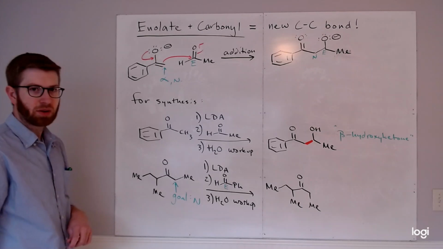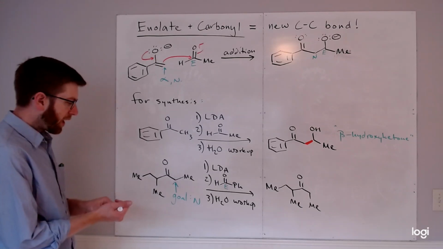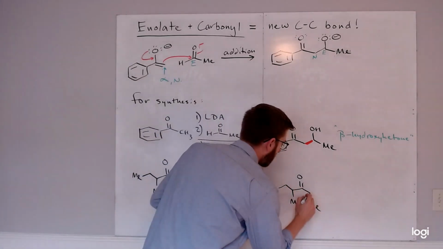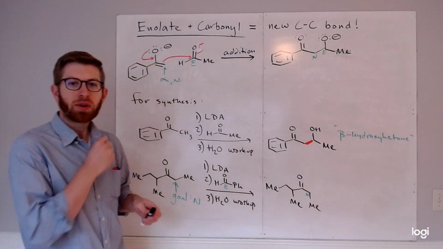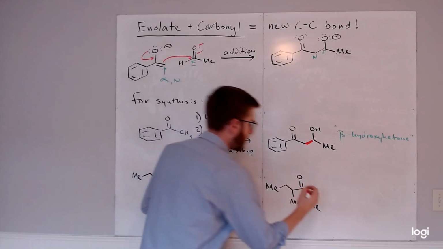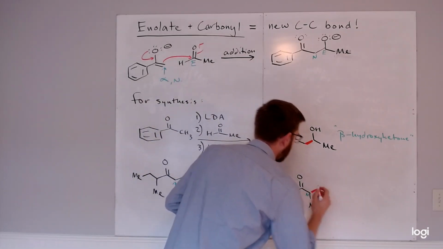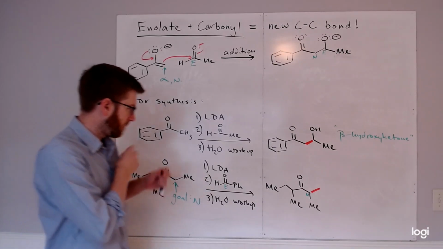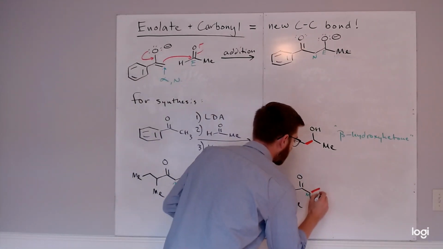And the structure will look a little less weird. So now I know that this position was nucleophilic. And that means that my new carbon-carbon bond is going to be coming off from that position. So here's my new CC. And on the other side of that new bond is going to be the electrophilic carbon. So let me put my E in so I can template myself here.